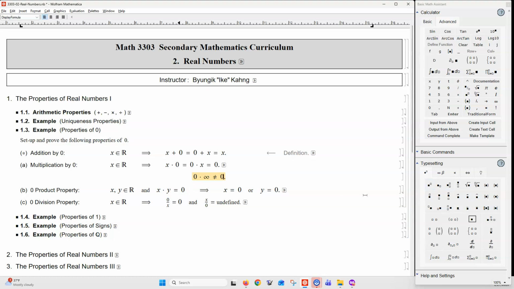Can you think of an example where a 0 times infinity type limit is non-zero?